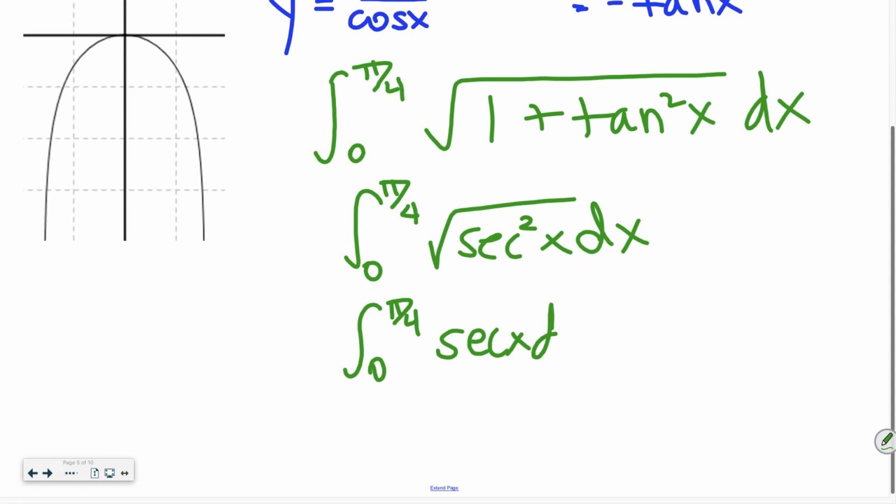What's the antiderivative of secant? It's not a pretty one. The antiderivative of secant is one that you would have to look up. We have a chart that tells us some of these interesting ones. I'm guessing it might be the natural log of something. It is the natural log of something.